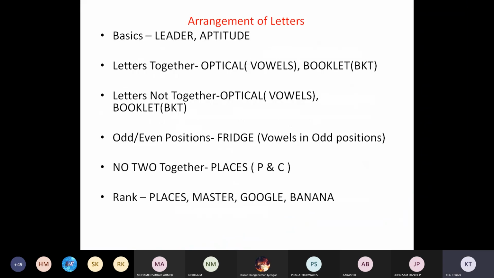The next one is how to find the rank of non-repeating letters. For example, I'll take an example of how to find the rank of the word PEOPLE.